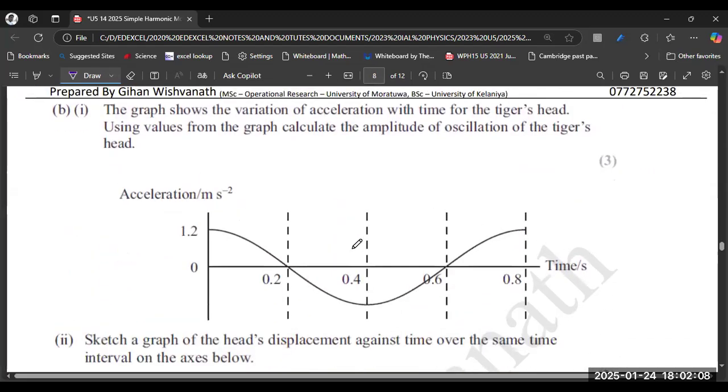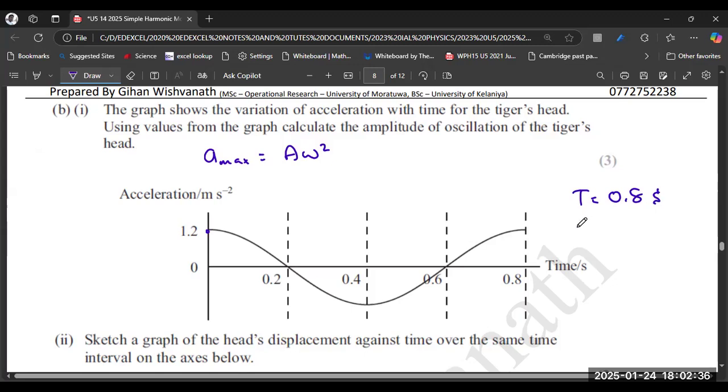Then the graph shows the variation of acceleration with time. Using values from the graph, calculate the amplitude of oscillation of the tiger's head. It comes with maximum acceleration, and the time period, the time taken for one complete oscillation, is 0.8 seconds.